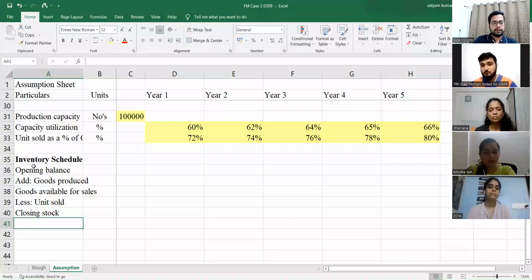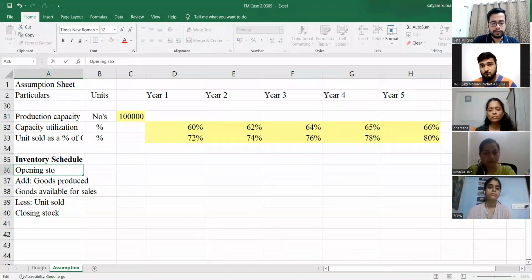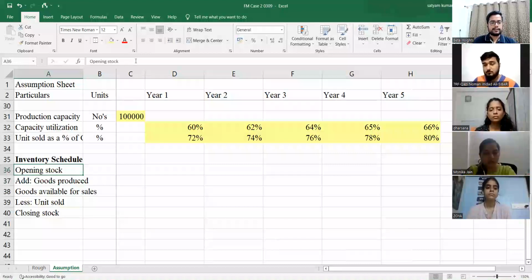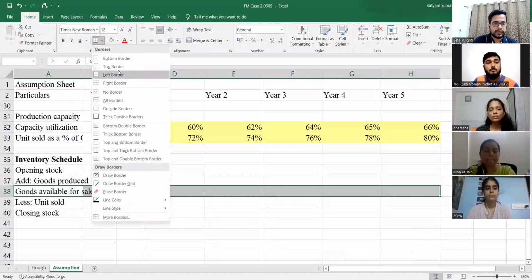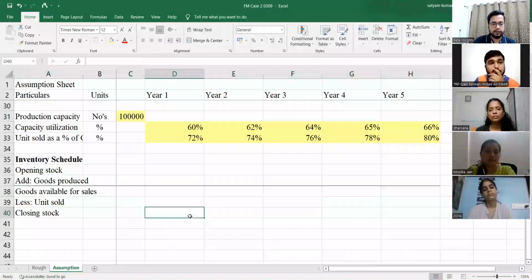Or here, instead of opening balance, we can say opening stock. Okay, this will help us understand things in a much better manner. Also, for aesthetics, we can put the top border here so that we know goods available for sales is an output of these two numbers.